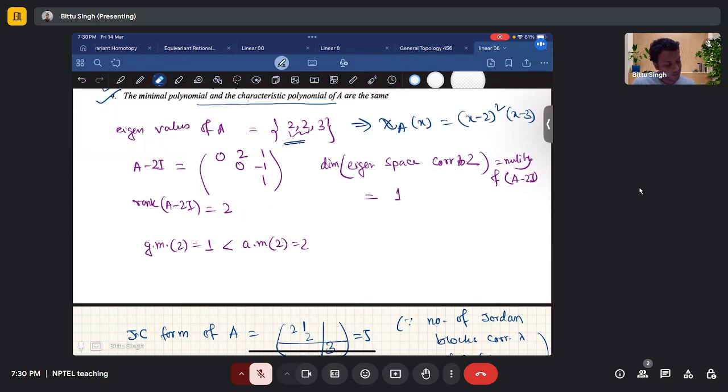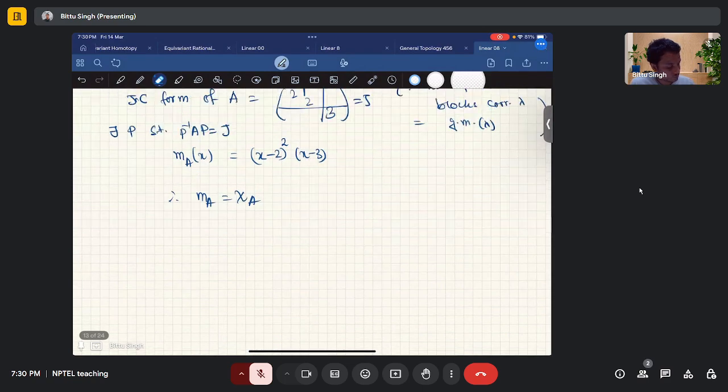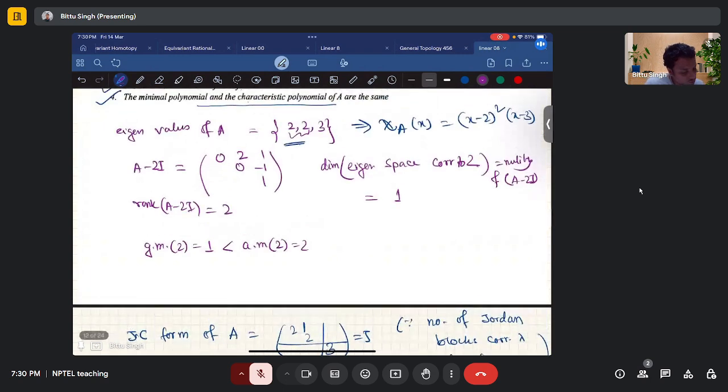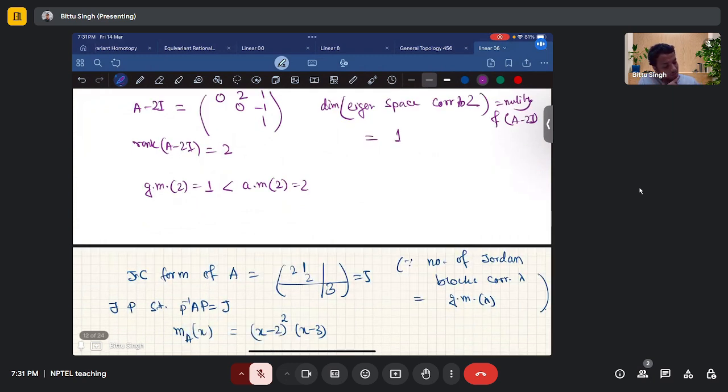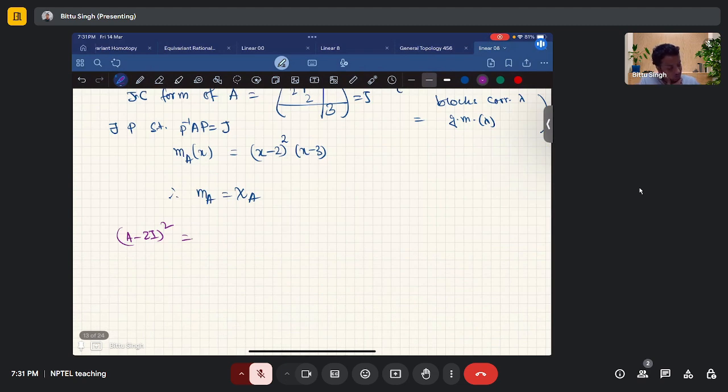If we take A minus 2I whole squared, the second row will become 0, and there will be only the third row. Calculating A minus 2I whole squared, the first two rows are 0 0 0, and the last row will be minus 1, minus 1, 1.